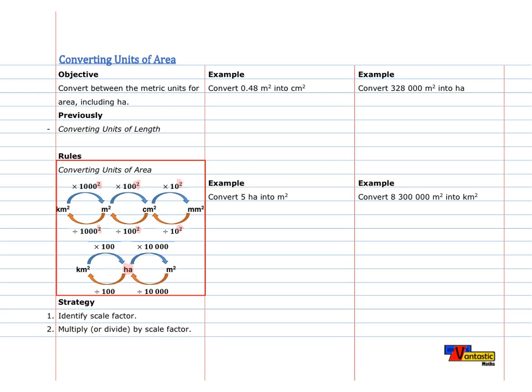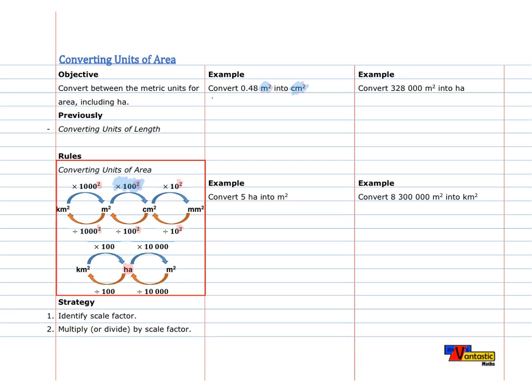In this first question, we want to convert 0.48 meters squared into centimeters squared. So how do we change from meters squared into centimeters squared? Well, looking over in our diagram, meters squared to centimeters squared, we're going to multiply by 100 squared.